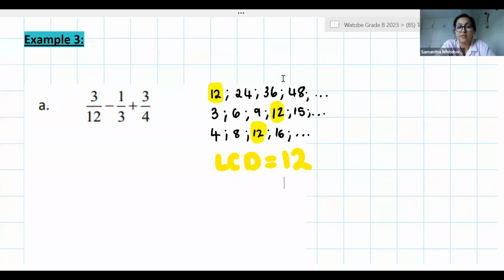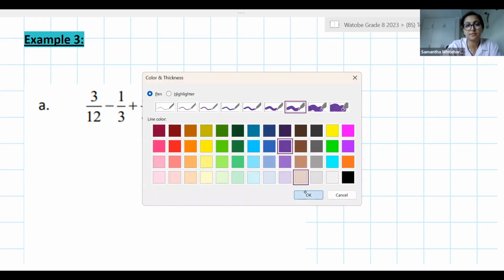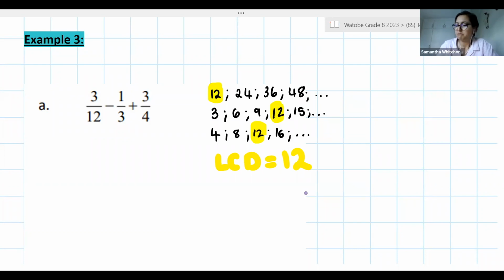So you can't say 5 in your numerator because you are not saying 3 minus 1 plus 3. You need to change the numerators first. Remember to simplify. We always want to simplify.